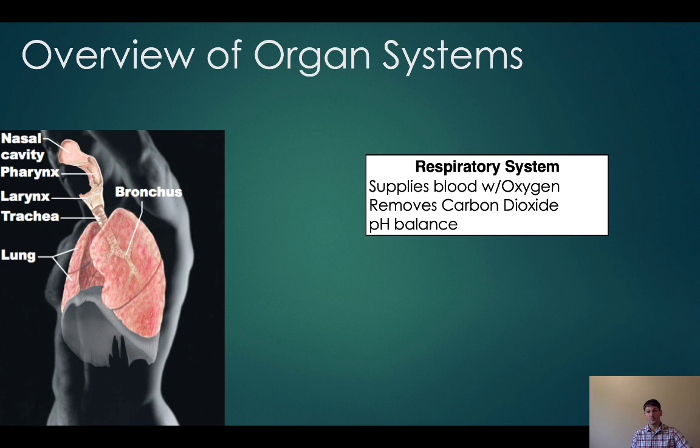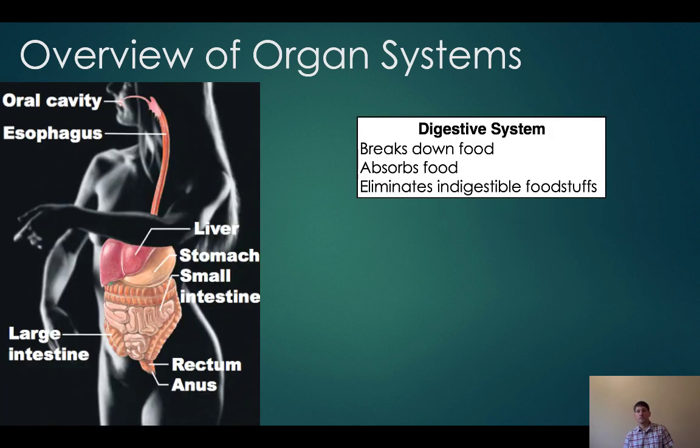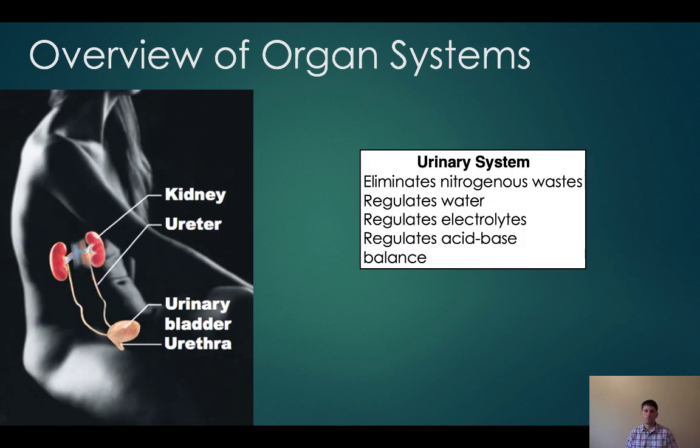This also helps us maintain a pH balance in our bodies. Then our digestive system, breaking down food, absorbing nutrients, and getting rid of all the things that we don't know or don't need. We'll touch on the digestive system a little bit in here and talk about how that is helping with osmosis and movement of nutrients.